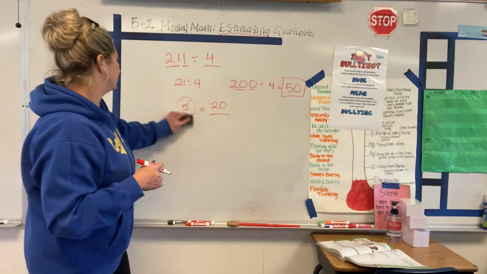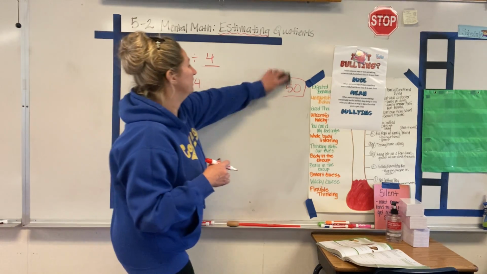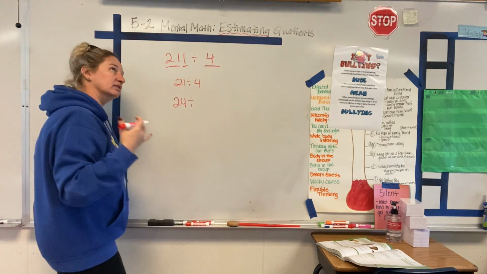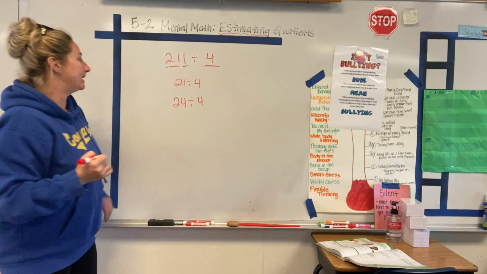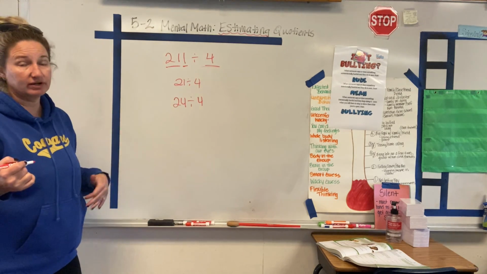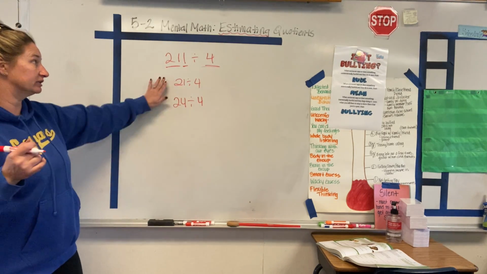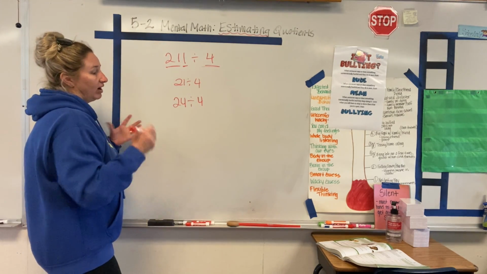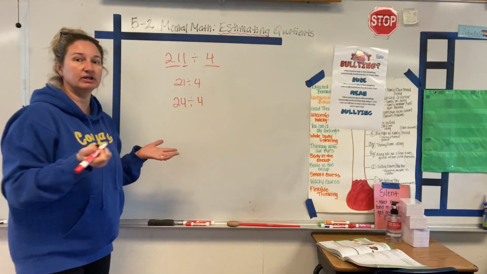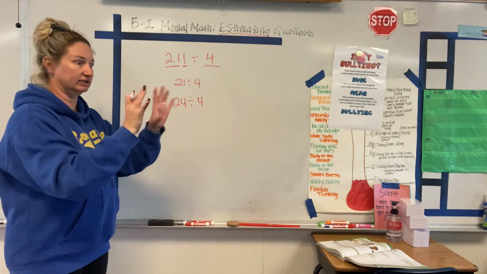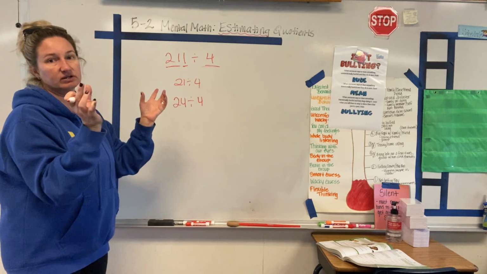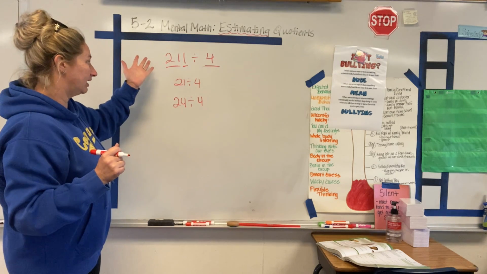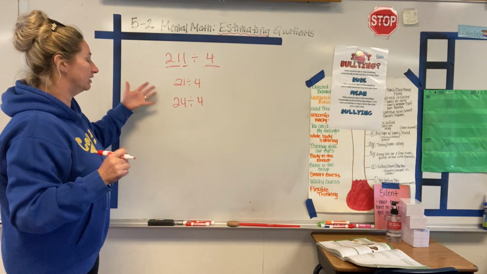Let's say instead of 20, you said 24, because I know my fact families, and I know that 4 goes into 24 evenly. 20 is closer to 21, and I want to try to pick the closest one, which is why listing my multiples is really helpful, because then you can really see visually which one's closest. But if I was doing it in my head and I thought, oh, 24 is close to 21, I could do that too.